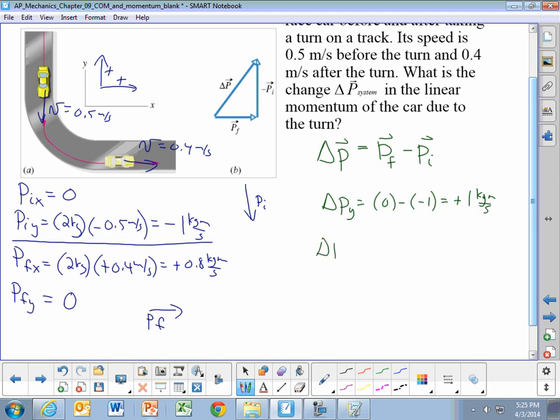The change in momentum in the x direction is the final x momentum of 0.8 minus the initial x momentum of 0. So that's positive 0.8 kilogram meters per second.